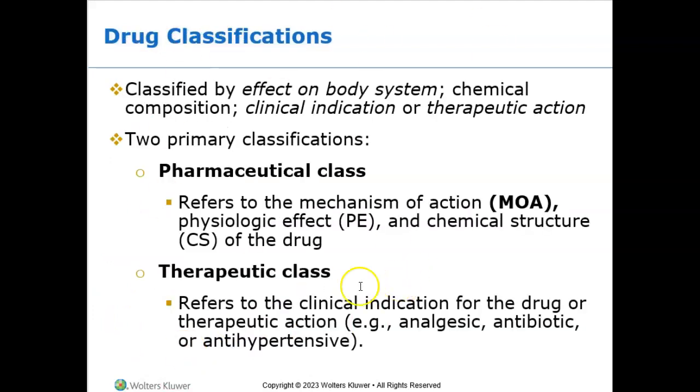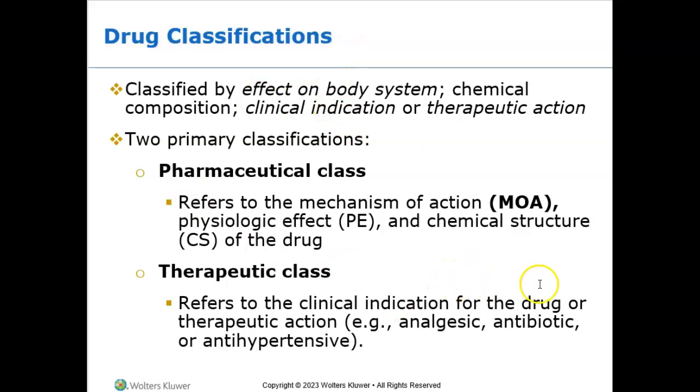And then your different classifications of medications. Drugs are classified by how they affect the body system, how they're made up, the way that they are used, what the clinical indication is, or what they're being used to treat. There are two primary classifications.